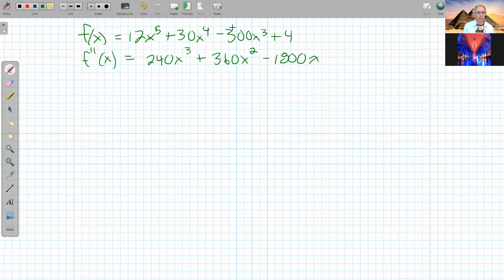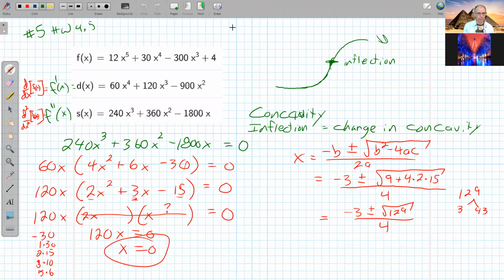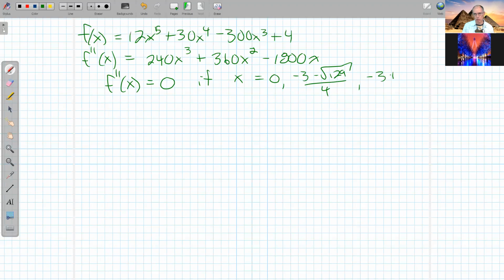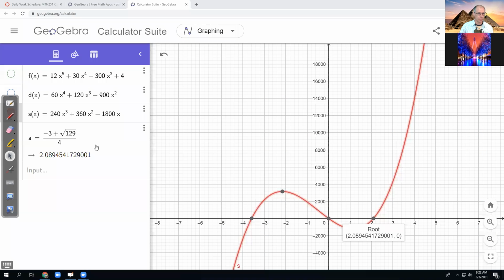Is that right? Yep. And we think that f double prime of x is equal to 0 if x is equal to 0, or negative 3 minus the square root of 129 all over 4, or negative 3 plus the square root of 129 all over 4. And we know that this one is about, I'm going to call it about 2.1-ish. The other one.